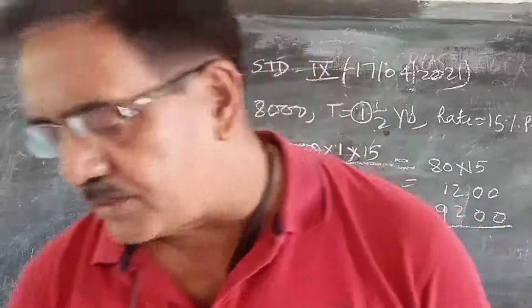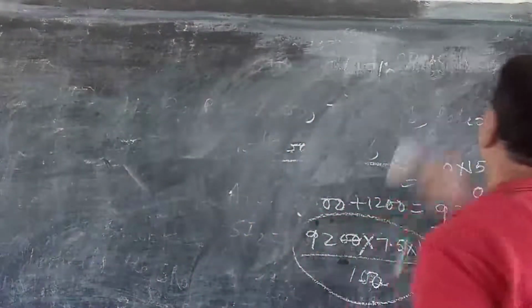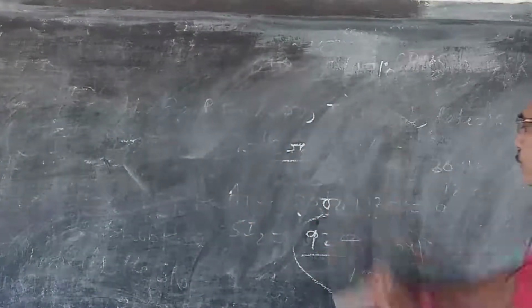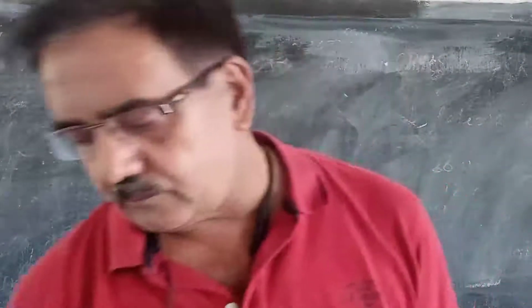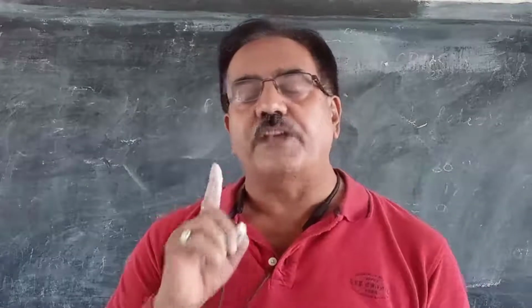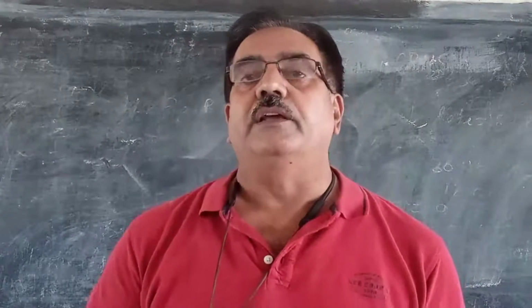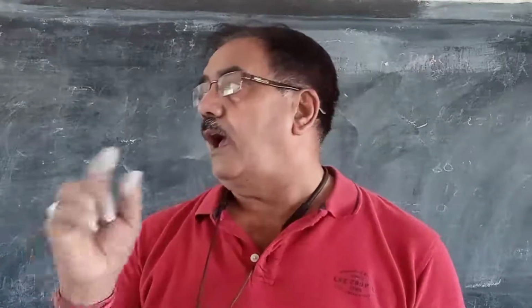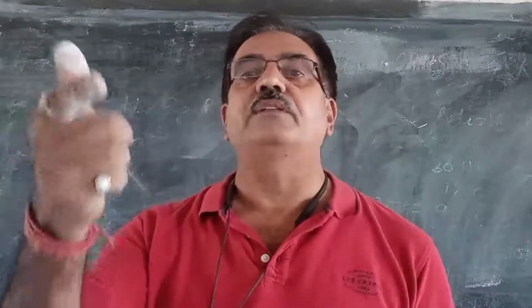So this is a question related to the half yearly one. In half yearly, the same process you have to use as the annually, but here in half yearly every 6 months you have to consider time one, next 6 months one.